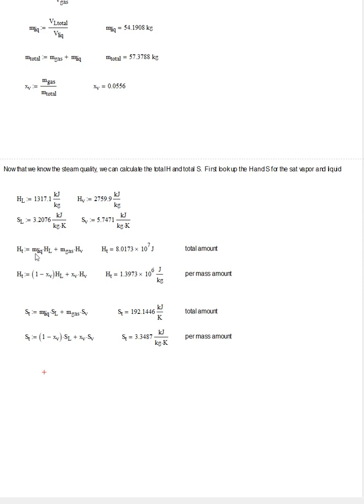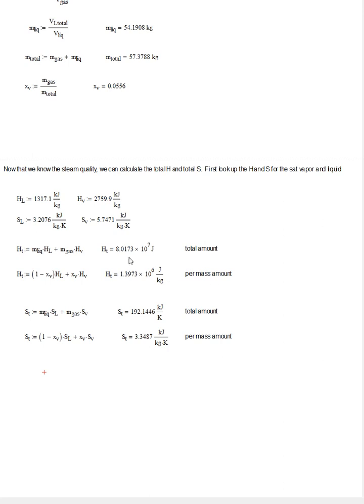Notice we can either have this, your book actually asks for the total amount. So if we just take the mass and multiply it by the specific enthalpy, we'll get the total enthalpy in joules. Or if you have it in the mole fraction format, you will have it as joules per kilogram, per mass amount.